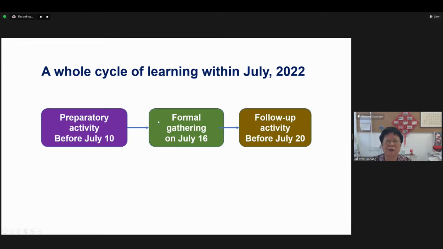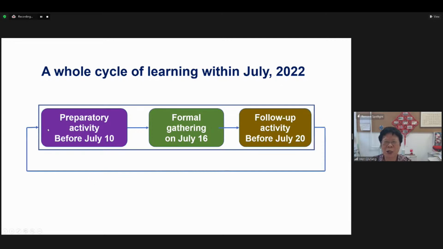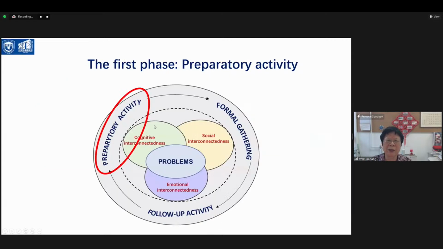So you may see that this is a whole cycle of learning within the whole month. Once we finish this whole cycle, we move to the next month. Still, they follow these 3 steps or 3 phases. Okay, let's see what we have done during the first phase.